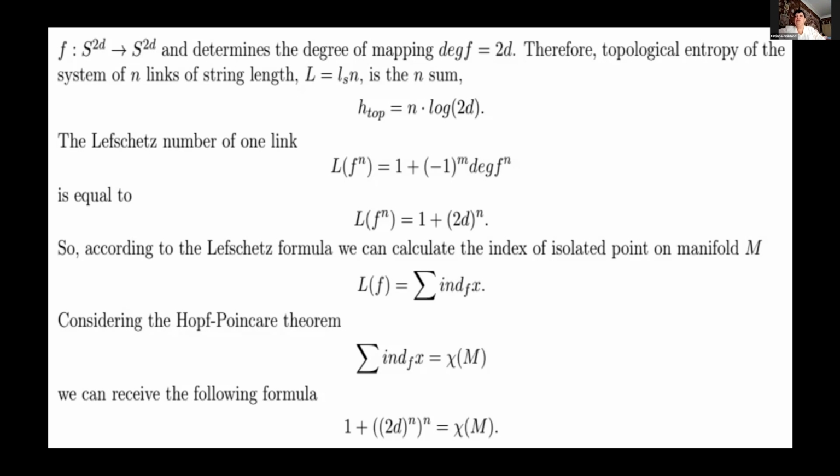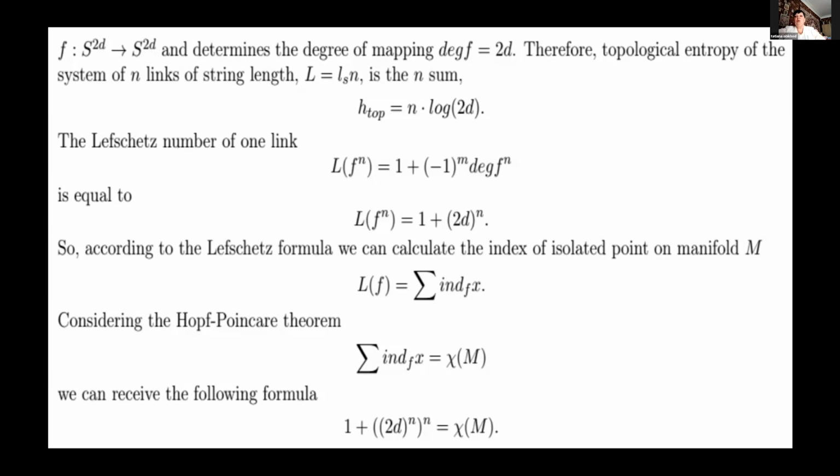Therefore, consider the topological entropy of the system of n links of strings with length L, which is equal to L_s to the n, where L_s is the characteristic length of the string and n is the number of strings. Then the topological entropy is equal to n times the logarithm of 2D.